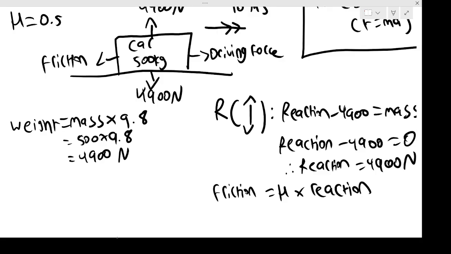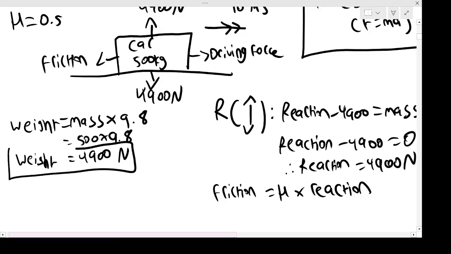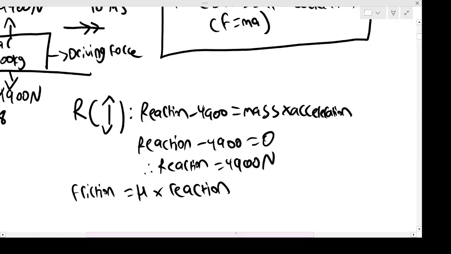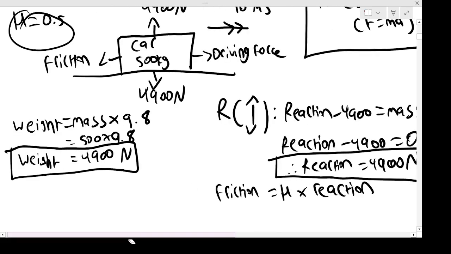and I'm going to box my solutions to make it clear to separate things. Okay, so that's my weight. That's my reaction. Okay, now looking at friction. So friction is mu times reaction, but I know my reaction, it's 4,900, and that mu is 0.5.